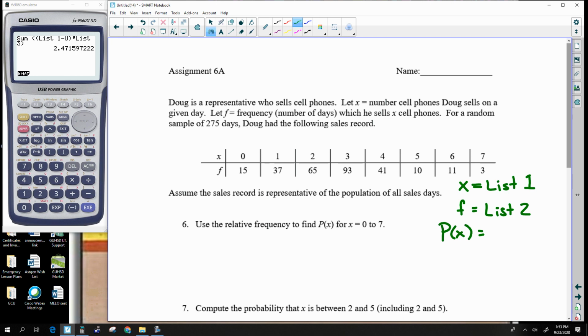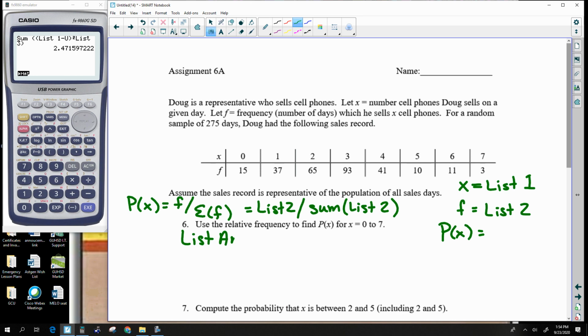P of x is f divided by the sum of f, which in other words is list 2 divided by the sum of list 2. I'll take that list answer and store it as list 3. And then all I need to do is write the stuff down from there.